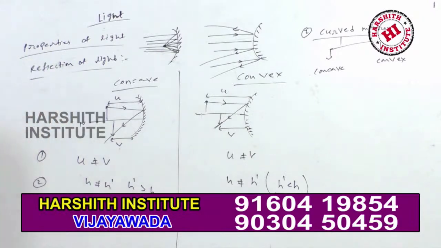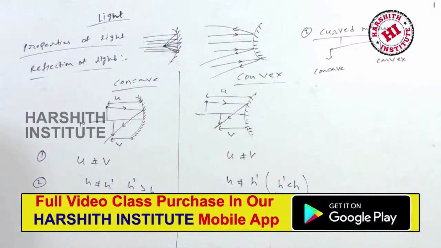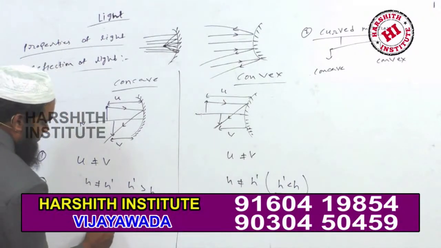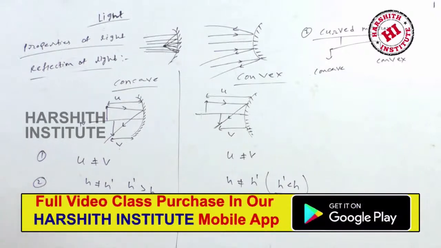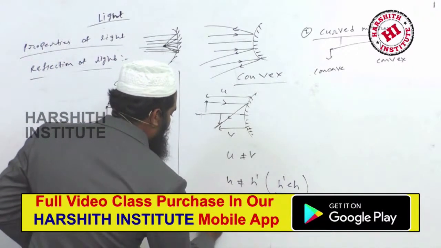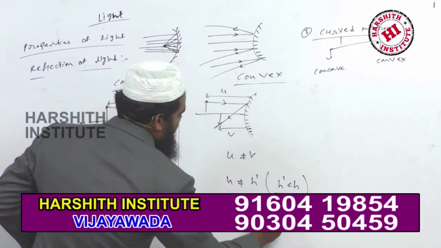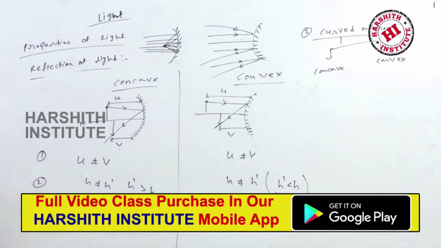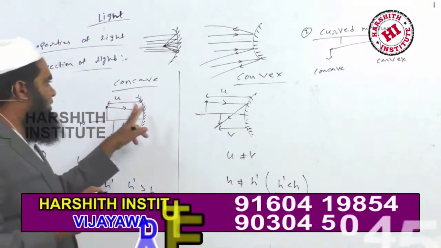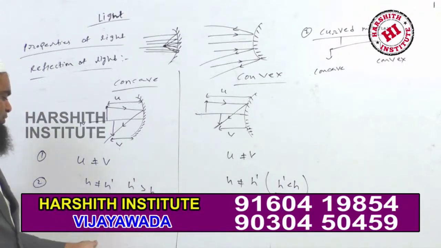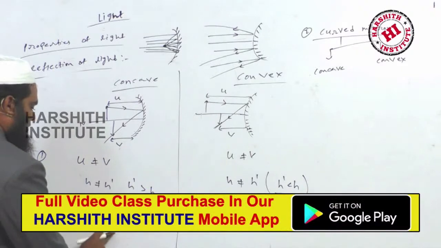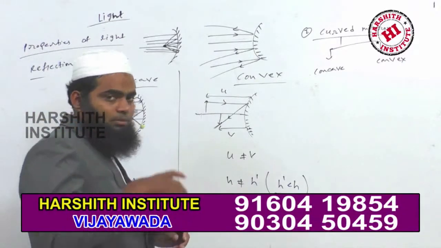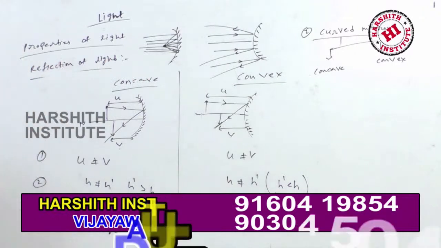In the case of a convex mirror, they form a virtual and erect image. A concave mirror generally always forms a real and inverted image, and a convex mirror forms a virtual and erect image. This is condition number 3.